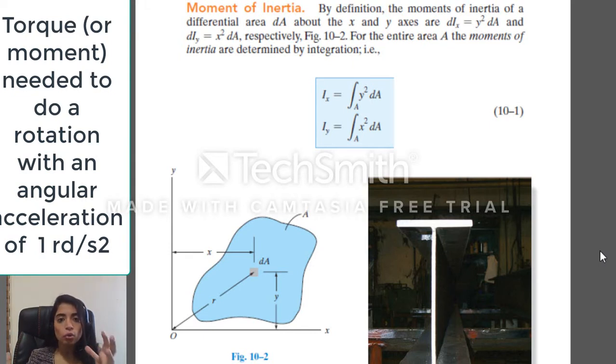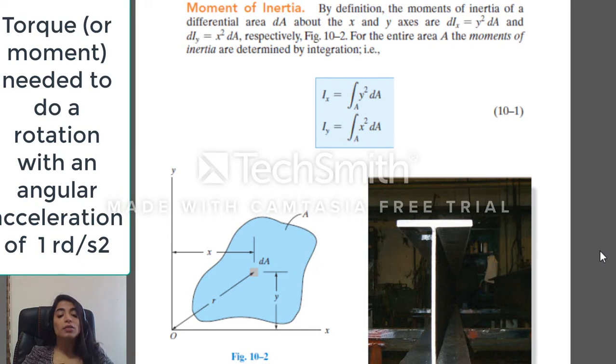If I have a huge mass, this is also a resistance to translational motion. I need a very large force to overcome this mass in order to do the translational motion. And this also applies to rotational motion. So the mass moment of inertia, or the moment of inertia in general, illustrates the resistance to rotation.